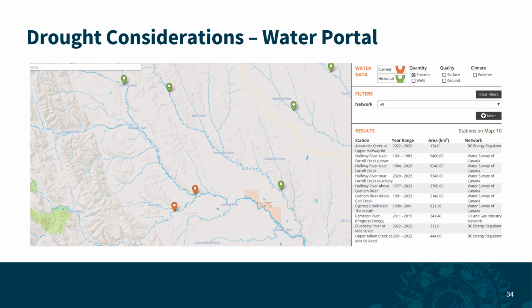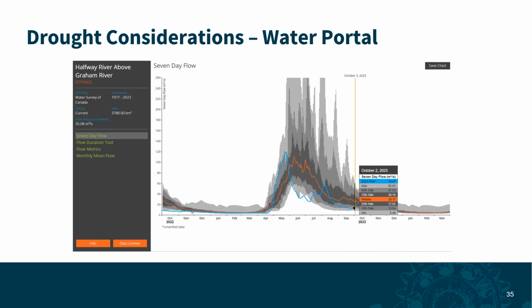Now, another thing that you can use for the drought considerations is, again, the water portal, which, as I said, summarizes those flows based on current conditions and compares them to the historical conditions. So again, I've got this Halfway River above Graham, and I've got October 2nd, 2023, and you see that 7-day flow percentile of 2023 is 13.47 cubic meters per second.